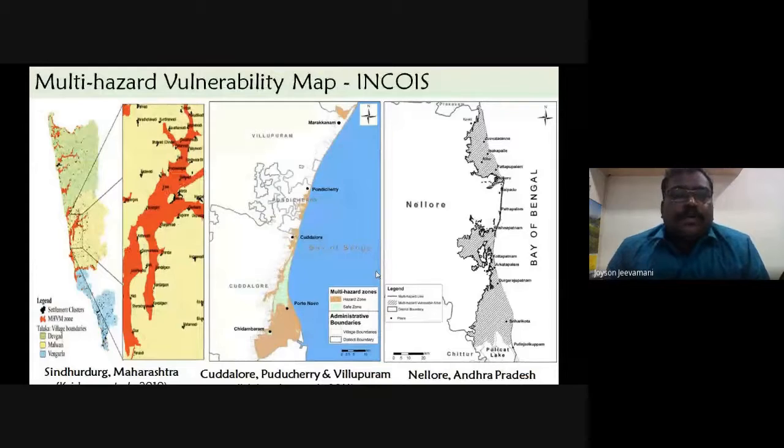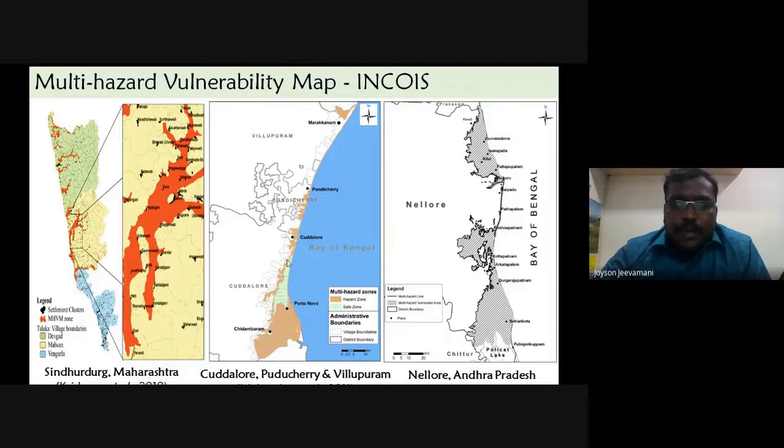These are some snapshots of the multi-hazard vulnerability maps. For example, the first one is in Sindhudurg district, Maharashtra. The red areas in the zoomed map are called the multi-hazard vulnerable zone. The second one is a snapshot of the Kudalur, Pondicherry, and Viluppuram coastal stretch. See these red patches, all based on the 4 parameters already told, like sea level trend and shoreline change rate.